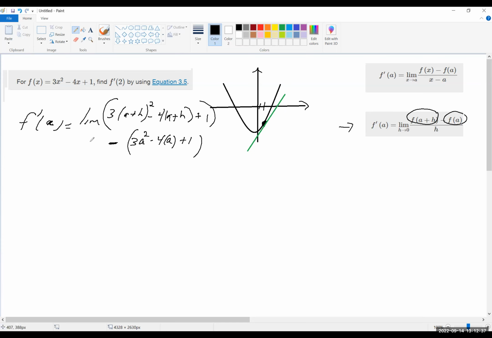Okay. And that's the numerator. So we'll identify that as the numerator, and that's going to be over h. So I guess I didn't need to go that far.